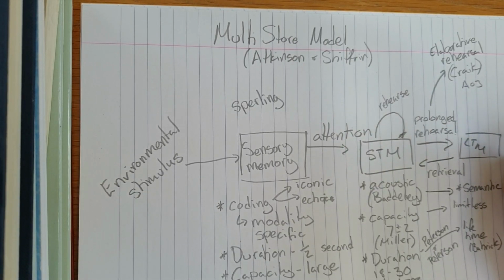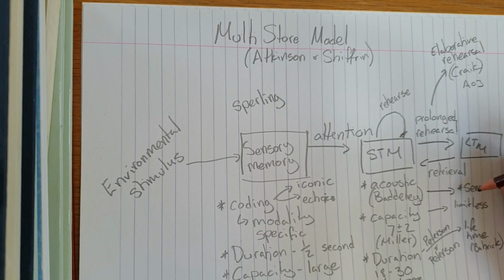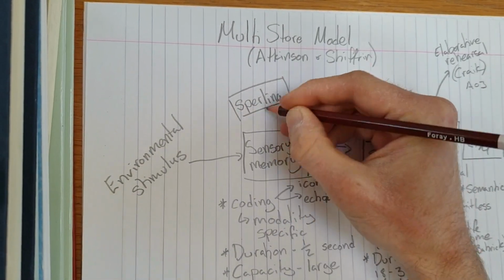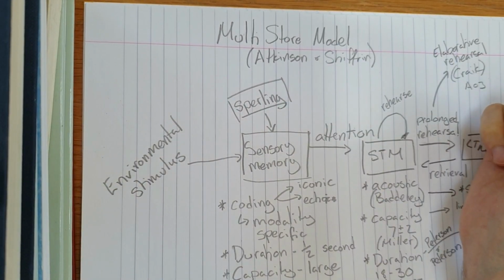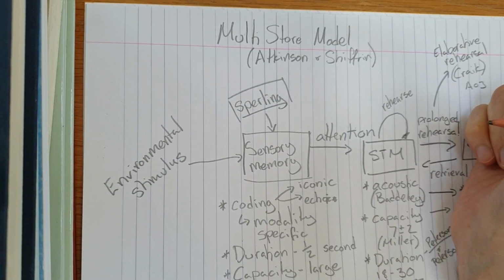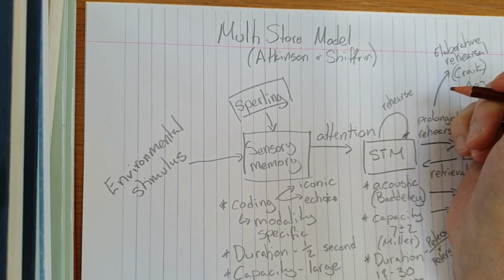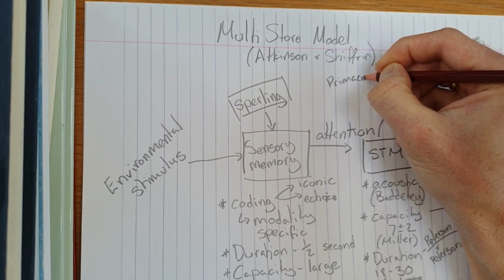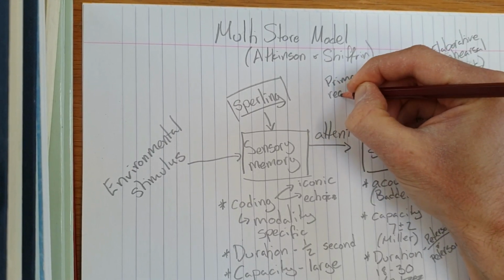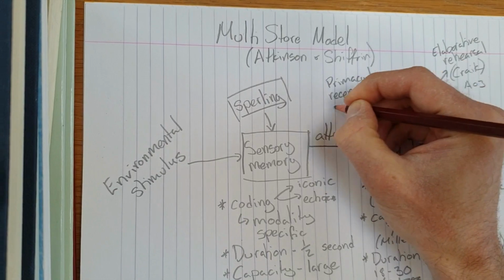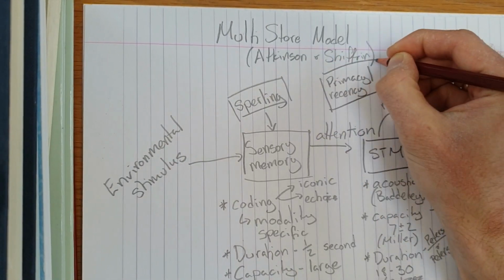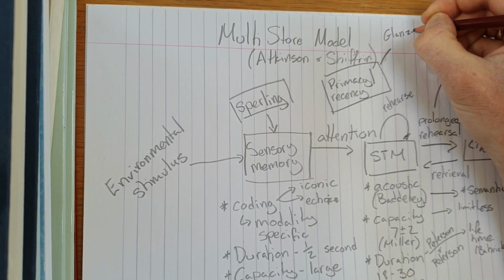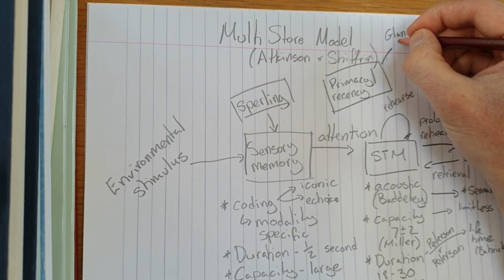What I'd like you to think about going forwards is to have a look at this research by Sperling and find out what he finds about sensory memory. There's also a lovely piece of research called the primacy and recency effect, by some psychologists called Glanzer and, be careful how you say it, Cunitz.